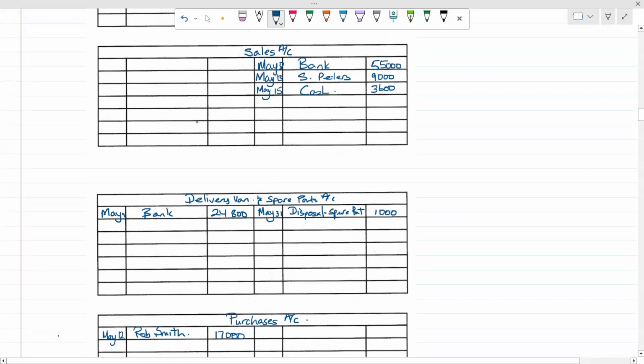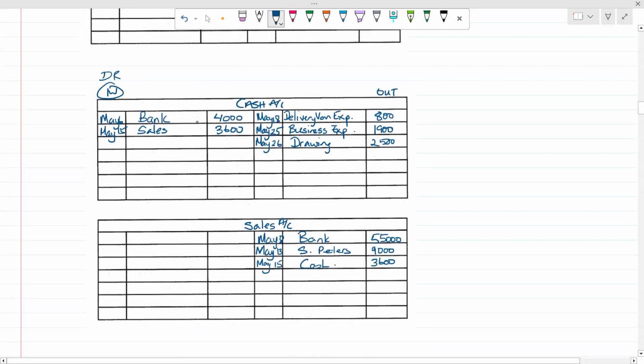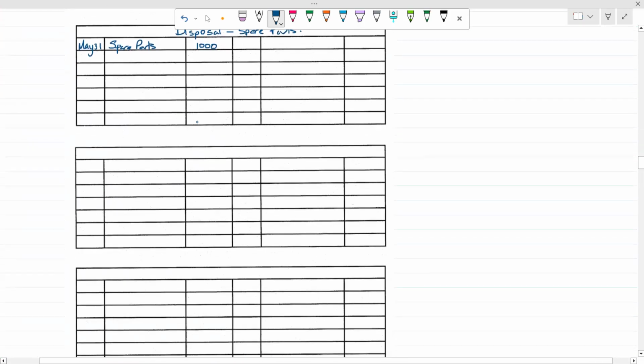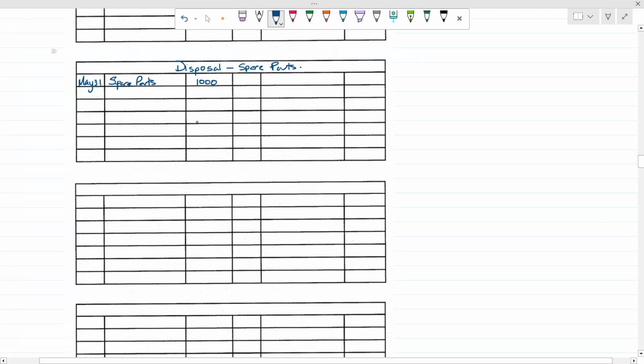I am getting, on May 31st, sale of spare parts, $1,200. I get in cash. So I record that here, and I'll go to my disposal account and I'll credit it because I just debited the cash account, right?